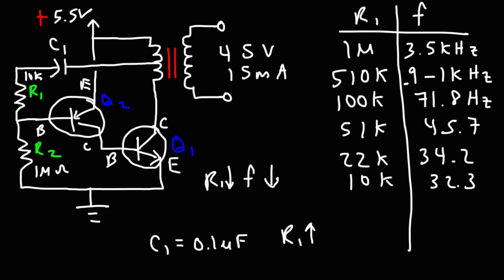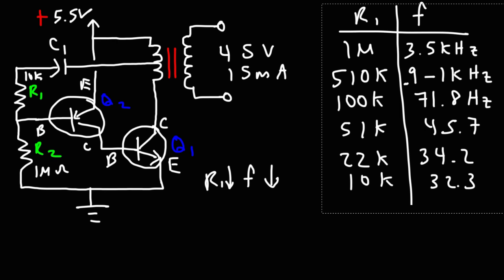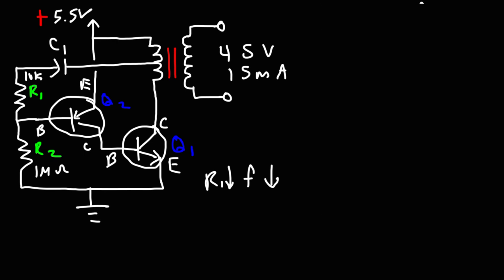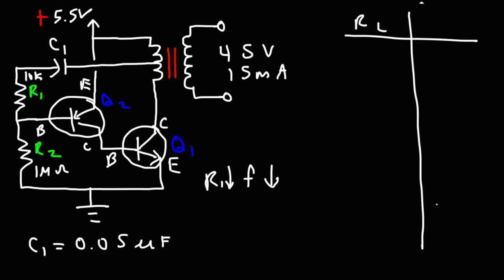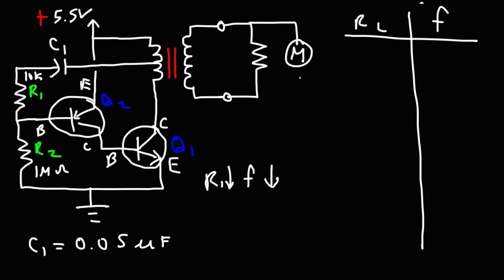Now, something else that affected the frequency is the value of the load resistance. When C1 was set to 0.05 microfarads, notice the relationship between the load resistance and the measured frequency across it. At the output, I attached a resistor, and the multimeter was across the load resistor.